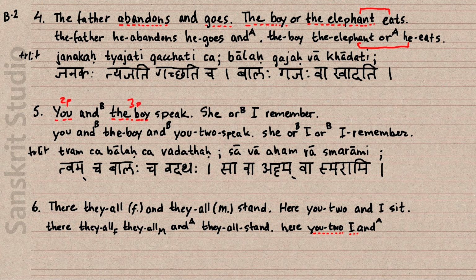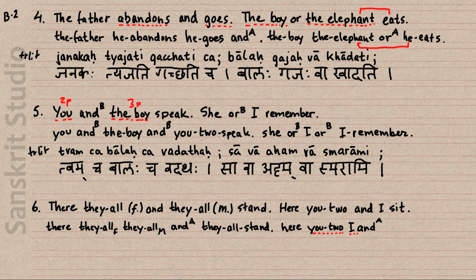So whether he's close to the verb or not close to the verb, if there is one first person among those who are connected by "and", then the result will be that we have a first person.